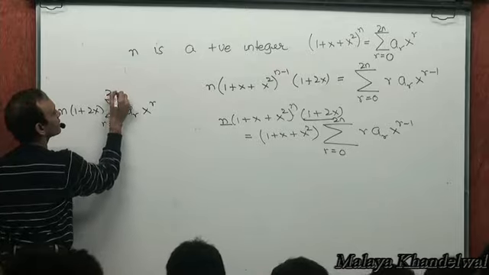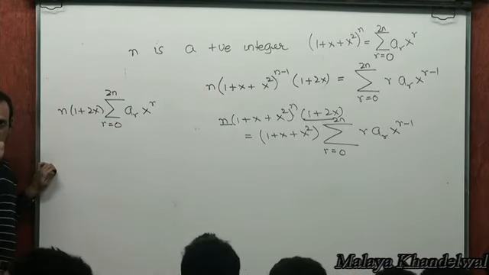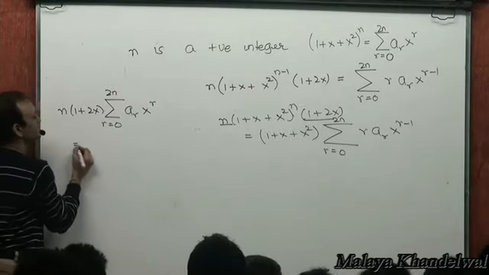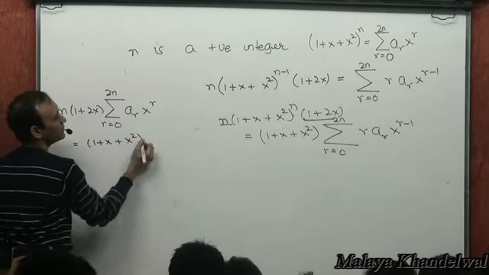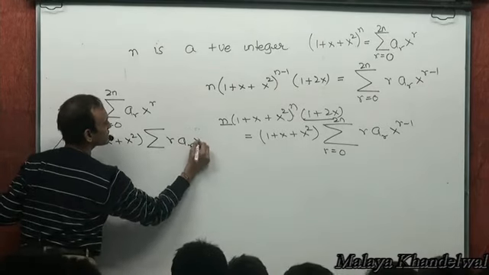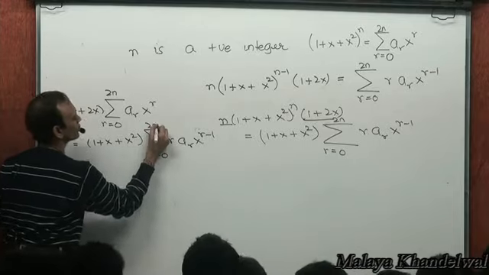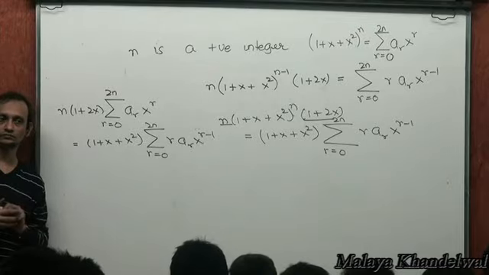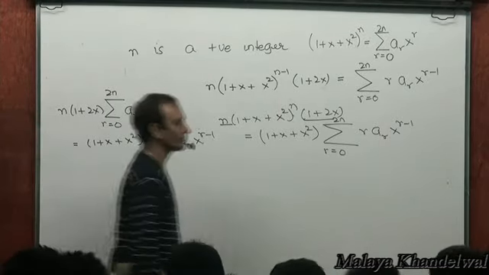That's the sum total of the left hand side. And the right hand side is (1 + x + x²) times summation r·a_r·x^(r-1), r equal to 0 to 2n. Yes or no? Clear? Okay.